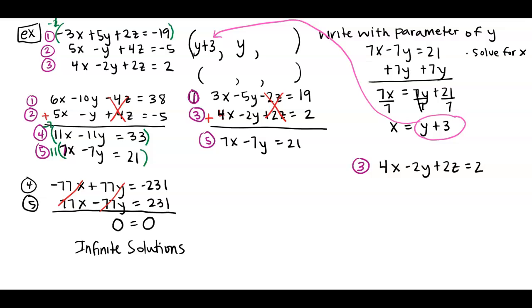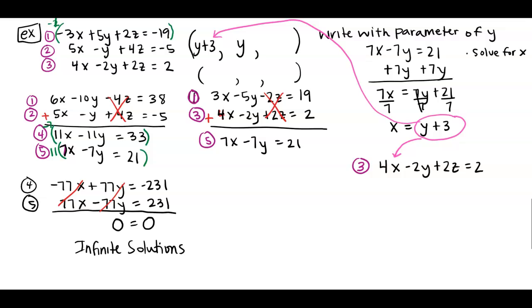So rather than putting a number in place of x now, we've got to put this expression in place of x, because x can be a whole bunch of different things. I can't say that x is just 3 or x is just -5. It can be a lot of different things. So I'm going to substitute that y plus 3 in place of x here.